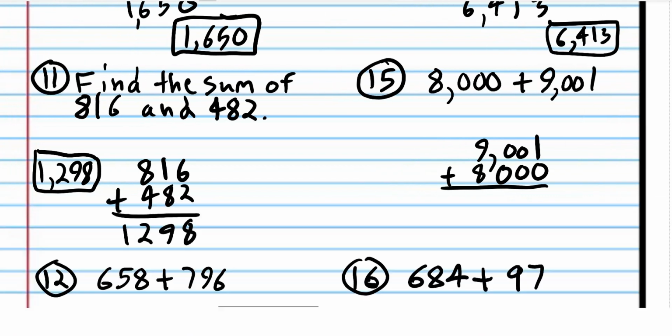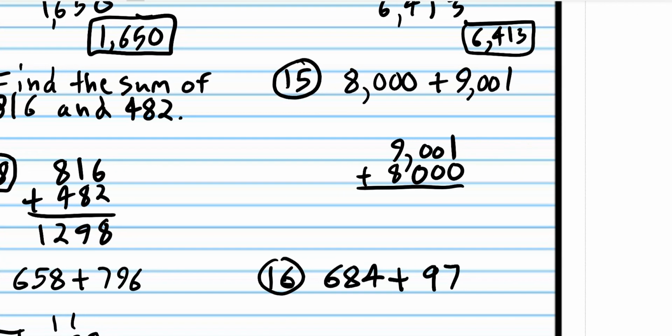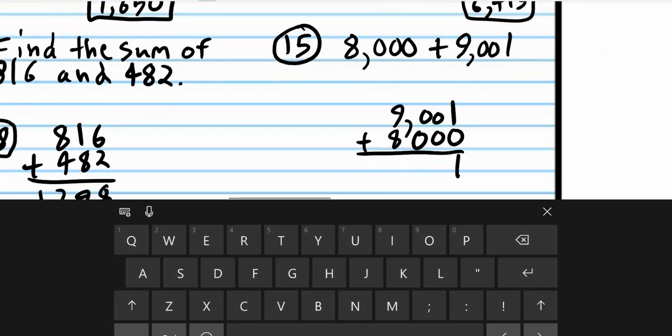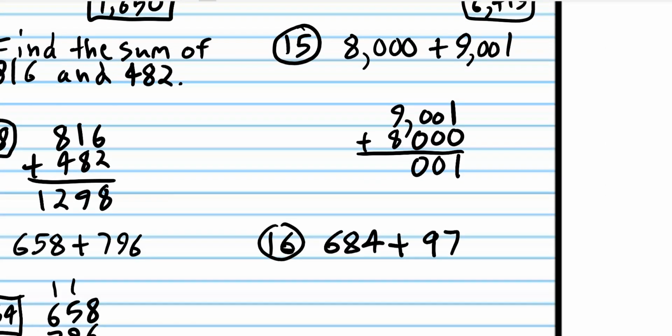If you don't add the numbers in the proper place values, the ones place with the ones place, the tens place with the tens place, then your answer is really going to be off. All right, 1 plus 0 is 1, 0 plus 0 is 0, 0 plus 0 is 0, 9 plus 8 is 17. Put your comma, 17,001.